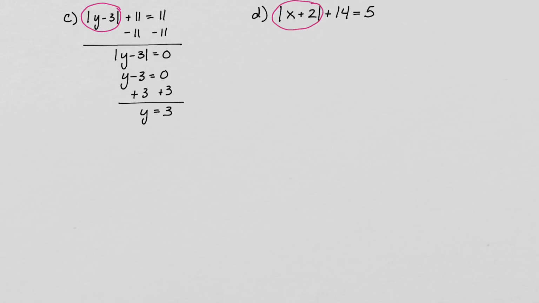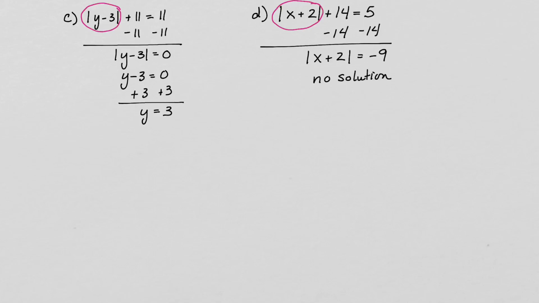That's the part I want to get all by itself. So I'm going to subtract 14 from both sides. So we end up with negative the absolute value of x plus 2 on this side, and on the other side, it's equal to negative 9. Now, if I look at this, I have the absolute value all by itself, but it's equal to a negative. So remember, the absolute value of a bunch of stuff can't be equal to a negative. So in this case, it's no solution.